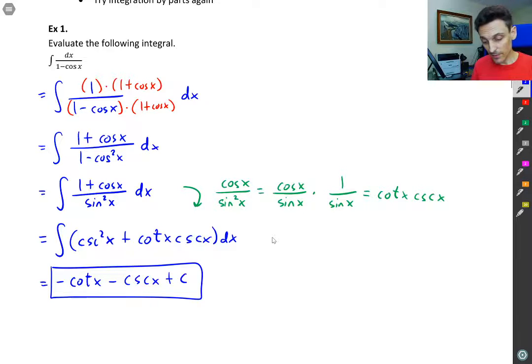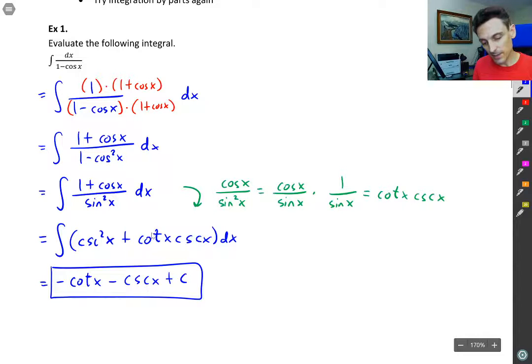Great, so with a little bit of manipulation of the inside of the integrand, we were able to write it in such a way that we could eventually just integrate it in a straightforward way. When it came to the integration, it was actually pretty straightforward. The integral of cosecant squared is negative cotangent, and the integral of cotangent cosecant is negative cosecant.